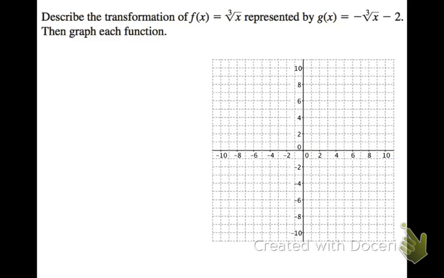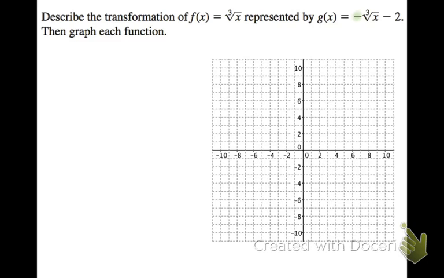One more example, we start with the cube root of x, and we want it to become g of x is equal to the opposite of the cube root of x minus 2. So when we describe the transformations here, let's look at what they would be. We have the negative that's outside. You could think of it as a vertical reflection.